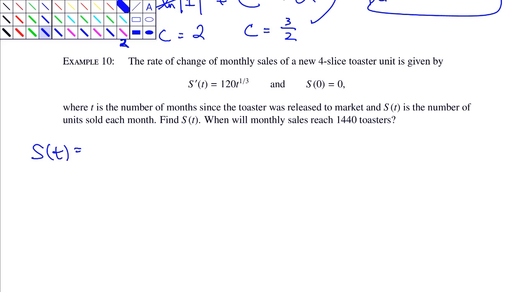All right, so we're looking for s of t. We're given the derivative. So how do we find the function given the derivative? Yeah, take the antiderivative. So we have the integral of 120 t to the 1/3 power dt.